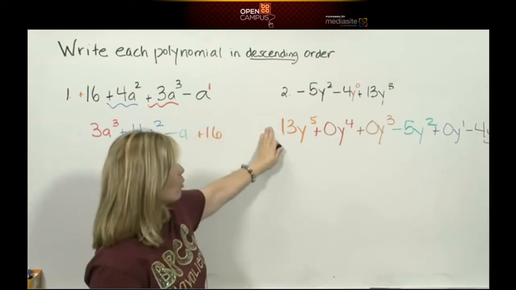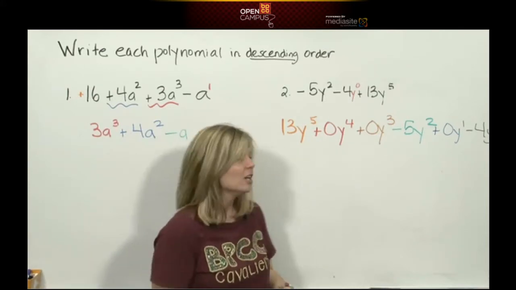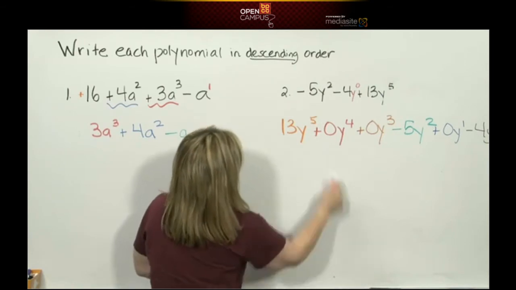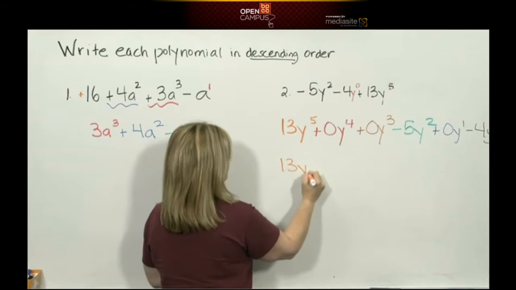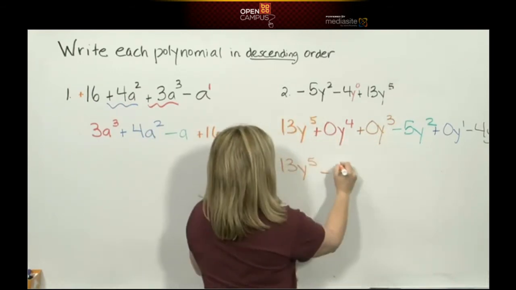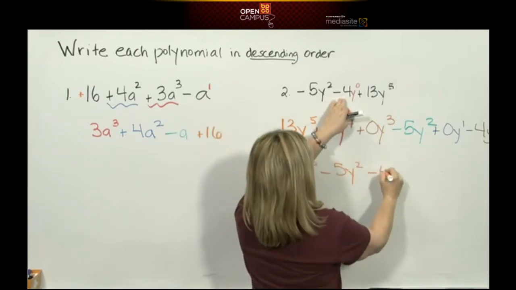But in math, we don't write all these zeros because 13 plus 0 is still 13, right? So the same is true in algebra. So if there are these 3 terms here, we'd write 13y to the 5th first, followed by the negative 5y squared, followed by the constant negative 4.